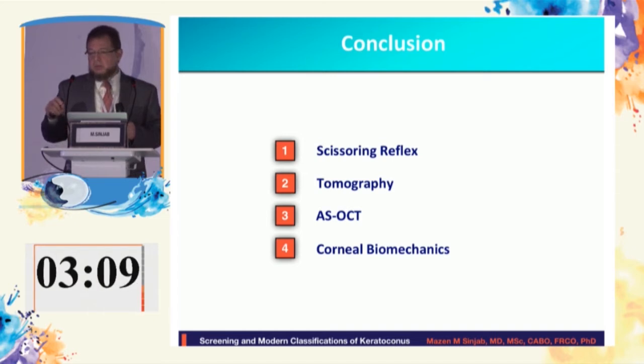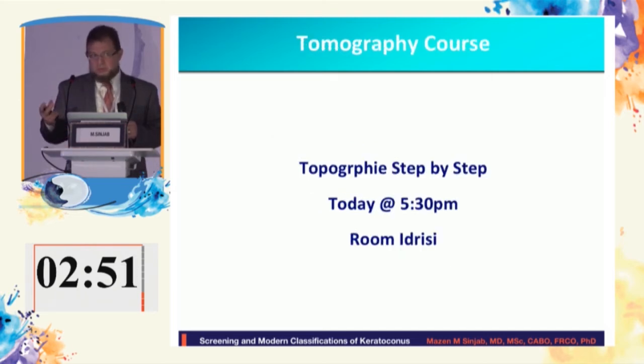The anterior segment OCT is important in suspected cases. When we do epithelial mapping, we can say that there is focal thinning or not. If there is focal thinning, then it is an early keratoconus. And finally, corneal biomechanics.